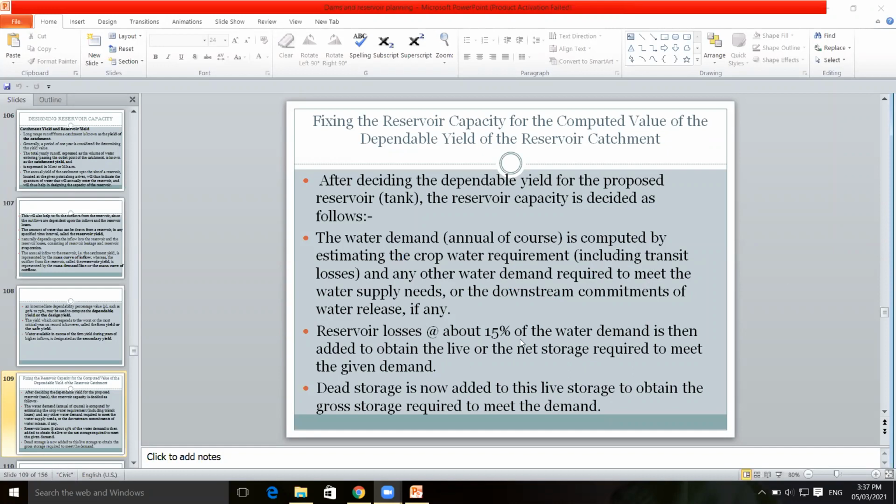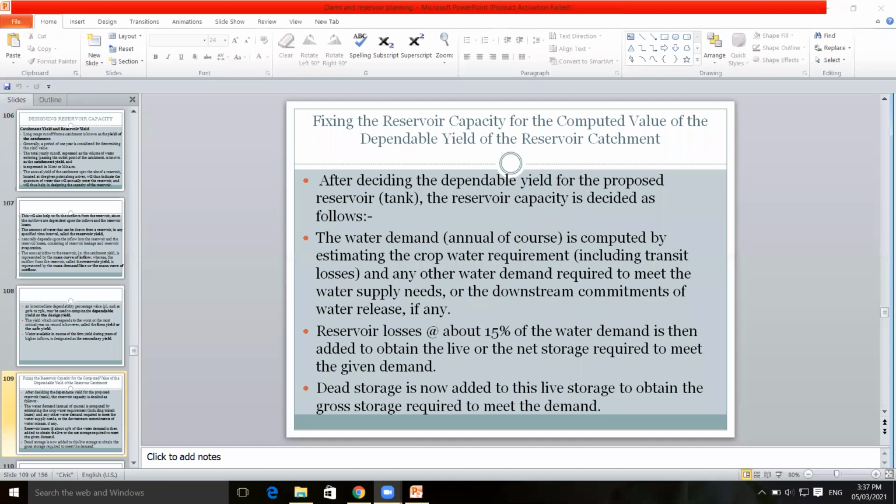Then reservoir losses are calculated, which are about 15% of the water demand.